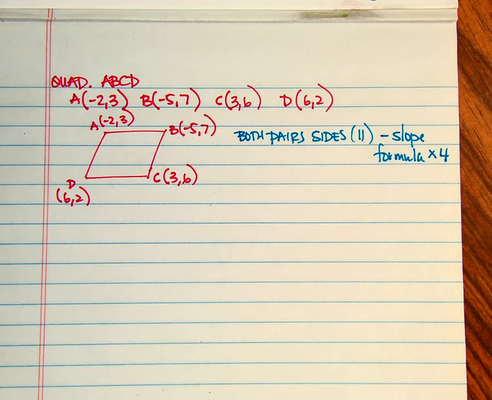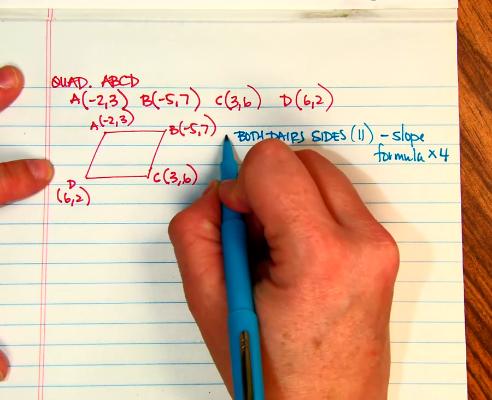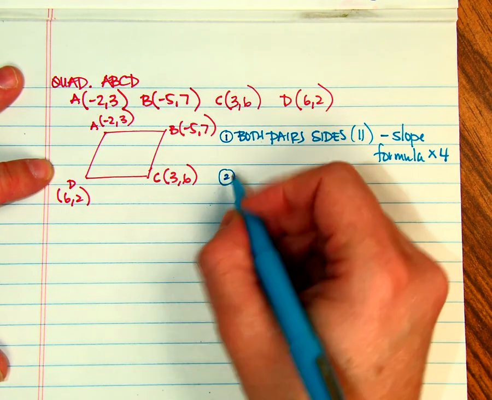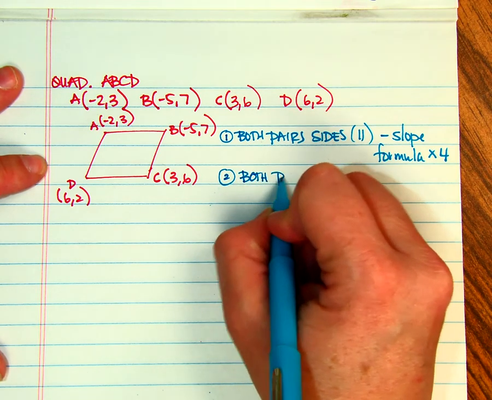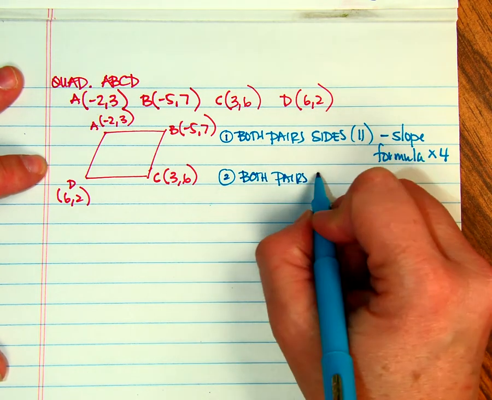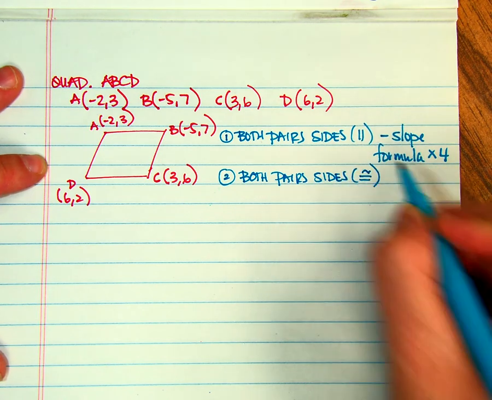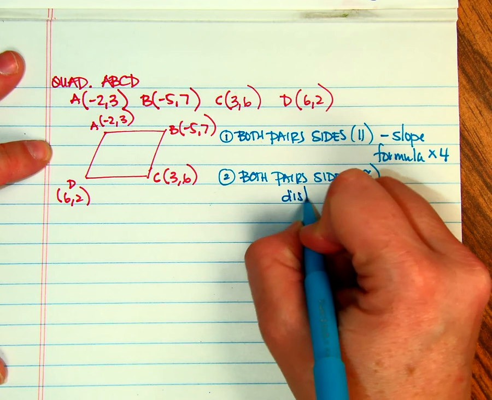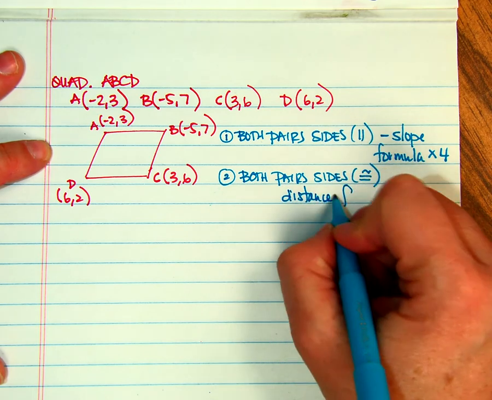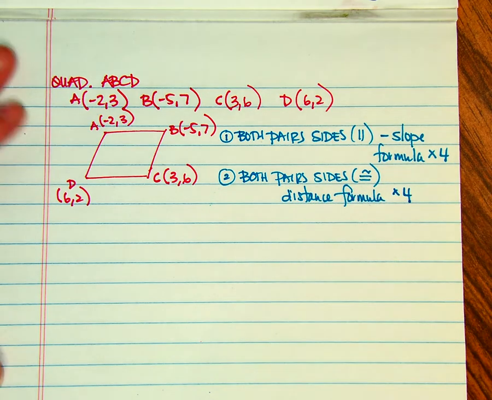Or I can prove that both pairs of opposite sides are congruent. These are just possible ways that I could do this. I could show that both pairs of sides are congruent. So that means I would have to use the distance formula four times, once for each side.